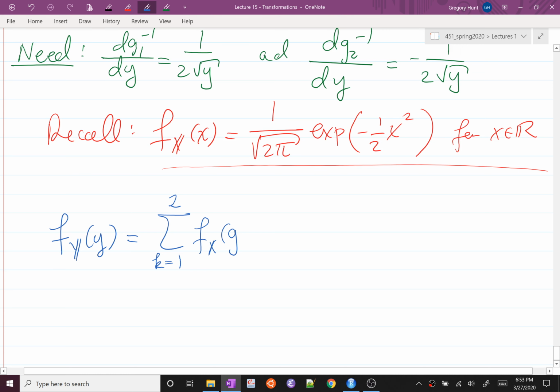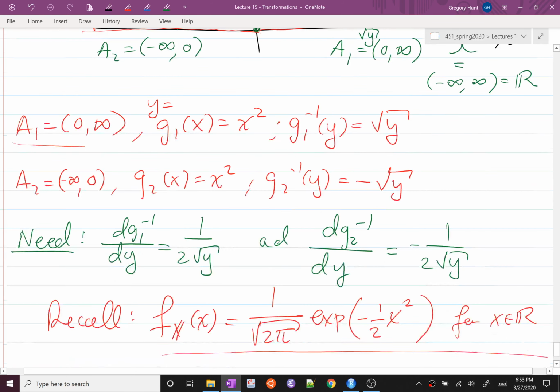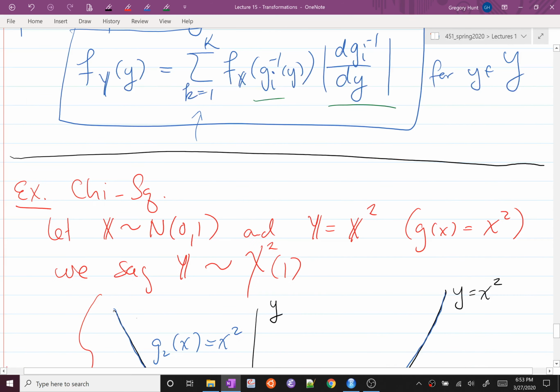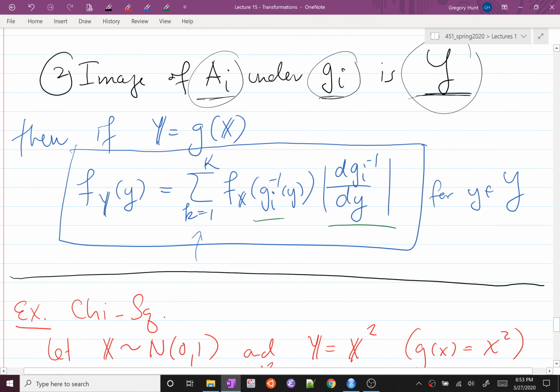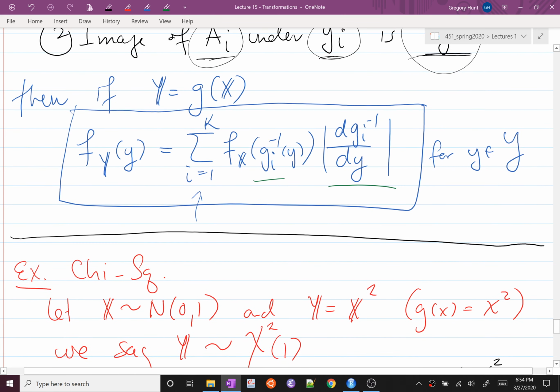Let's not use k here, let's use i. I should change that in my formula above, because that's slightly incorrect. i goes 1 to 2, so this is g sub i. Okay, that makes more sense now.